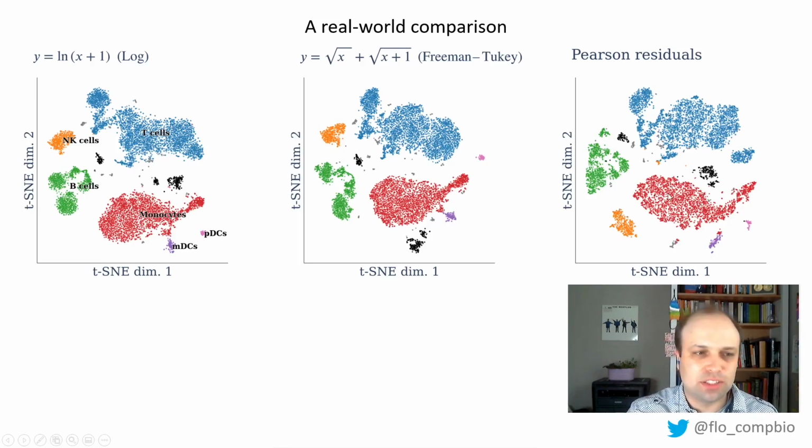And maybe that's a little extreme because we're often not interested in populations that only consist of a few cells, and maybe we don't want these genes to have such an outsized impact. And so there's been some clipping proposed to make sure that the Pearson residuals aren't too high, basically.